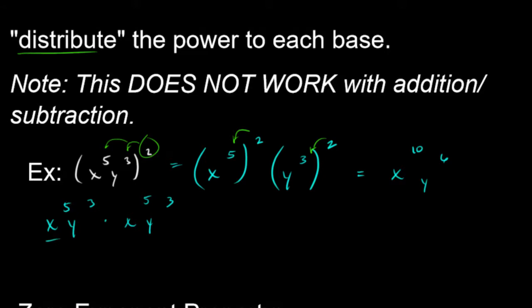And what you can do here is the previous property, where you add the exponents together. So this is x to the 10th because you add these exponents, and this one would be y to the 6th because you add the exponents for the y's. All right? So there we have that. Let's move on.